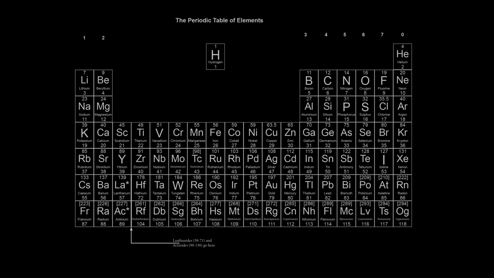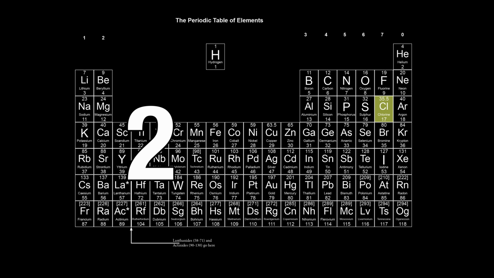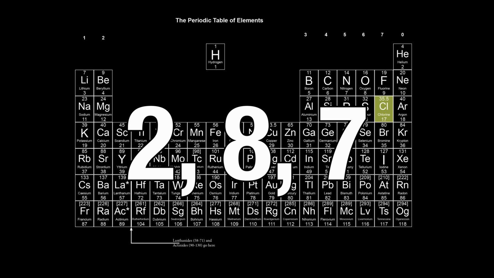So, if you're not sure why chlorine's electron configuration is 2,8,7, or why calcium's is 2,8,8,2, then it would be best to watch my video on electron configurations, which is linked above, before going any further with this video. With that said, let's now look at how metallic and non-metallic elements react together, with the example of magnesium and oxygen.